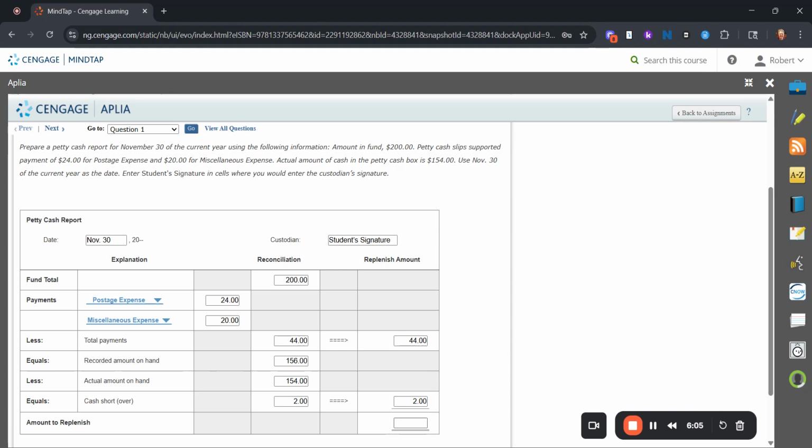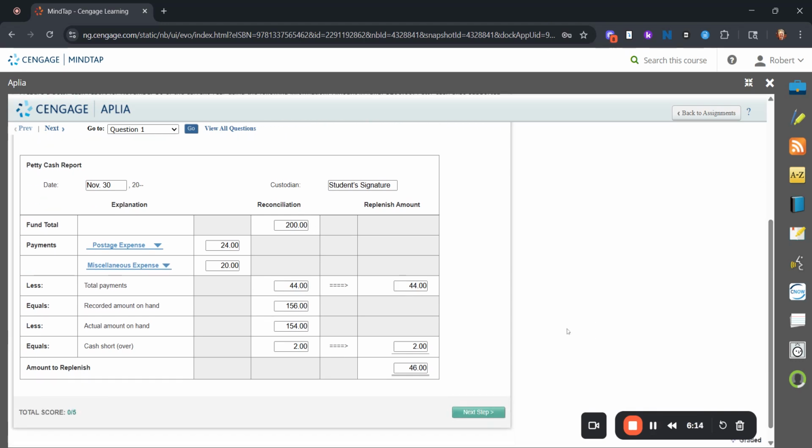So 44 plus 2, $46. So that's how much money needs to replenish in petty cash at the beginning of December to get the total back up to $200. Or if it's every 2 months, maybe beginning of January, which in this case, that would be end of year and they'd be closing it out. That'd be a whole other thing. But anyway, month to month, $46 to replenish up to 200.